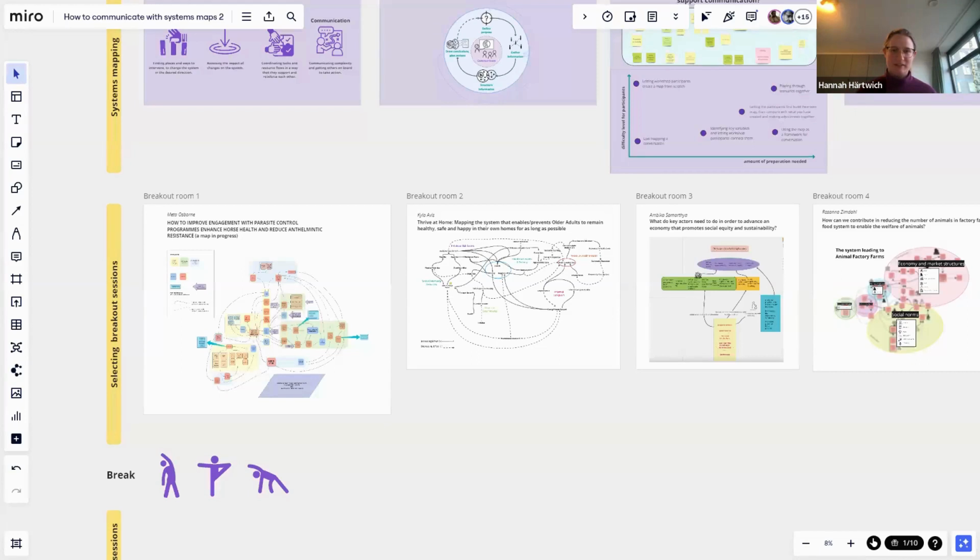Then the second question, outside of a workshop format. Definitely it doesn't always have to be within a larger group. You can use a systems map in a one-on-one conversation with someone.